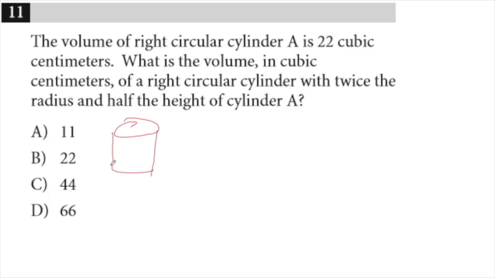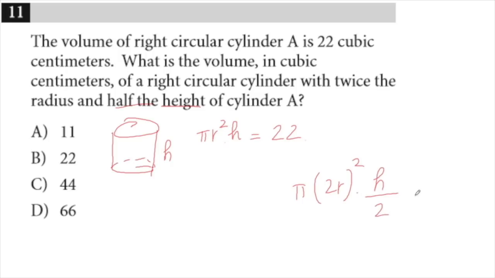The volume of the cylinder is calculated by the area of the base, which means the area of the circle, pi r squared, times the height. So the volume is equal to 22. When you double r, it means pi times (2r) squared, times half of the height, h divided by 2.